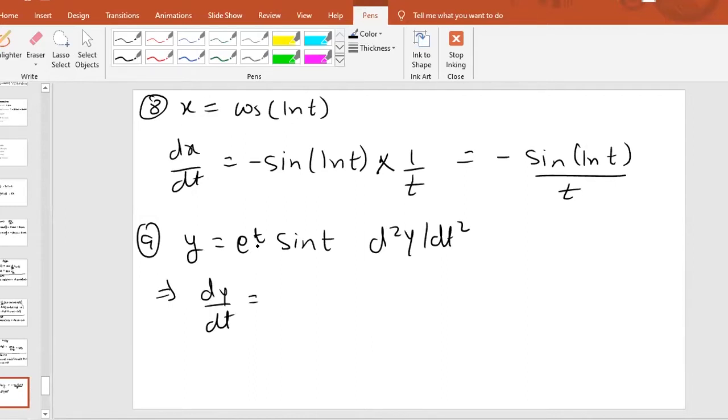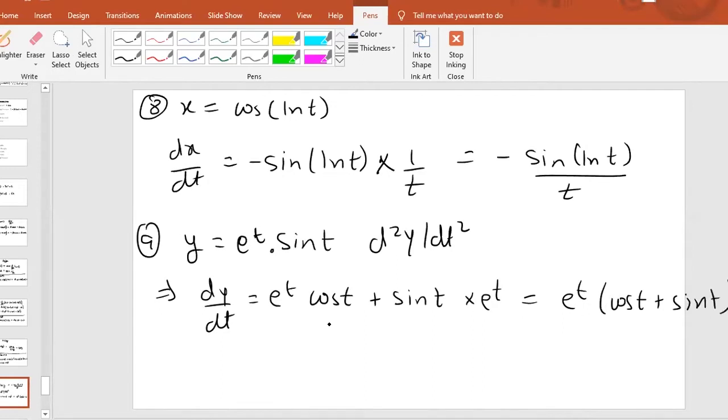Again, here the two functions are multiplied, so we have to use the product rule. First function as it is, differentiation of second function is cos t, plus second function as it is, differentiation of first function, that is e power t. So we get e power t cos t plus sin t. Understand? That is dy by dt.